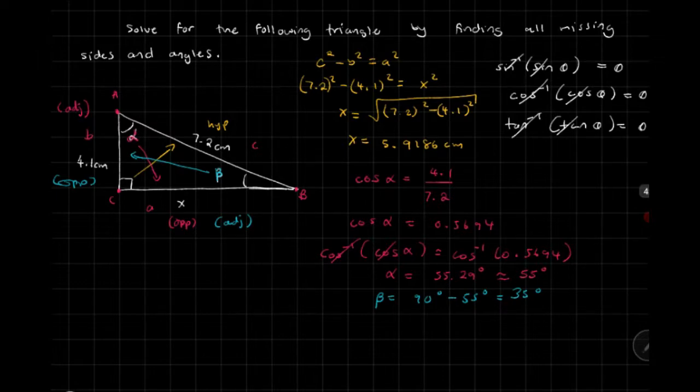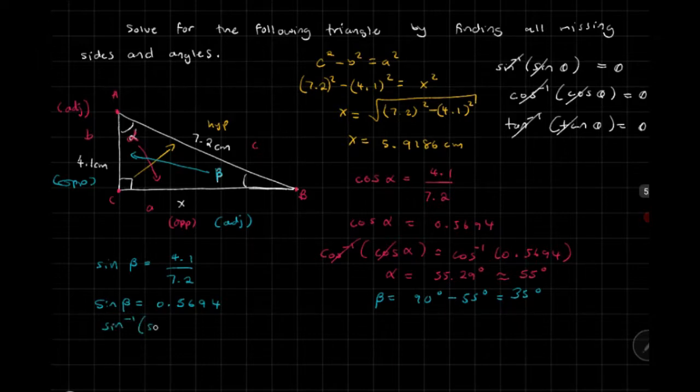So in that sense, we can understand the sine of beta using our previous values will give us 4.1 over 7.2, right? And we found the ratio of this, so sine of beta is equal to 0.5694. So if you want to solve for beta, you need to do the sine inverse of both sides.